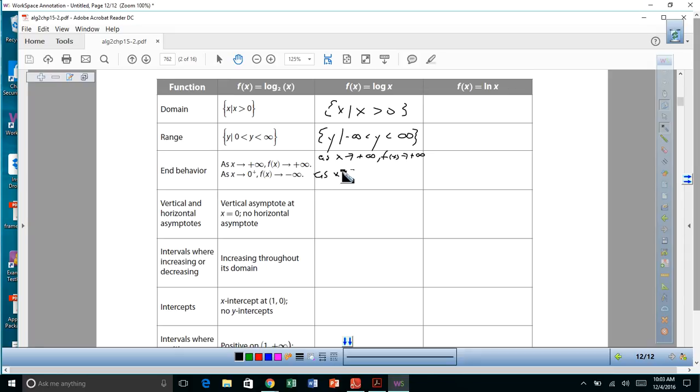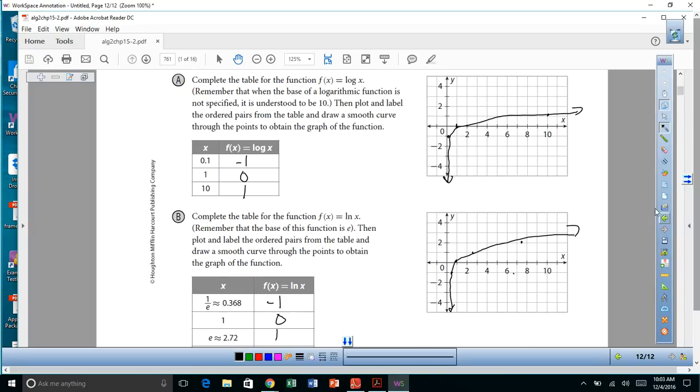As x approaches 0 from the positive side, f of x approaches negative infinity. Vertical asymptote: we have one here, and that's at x equals 0.